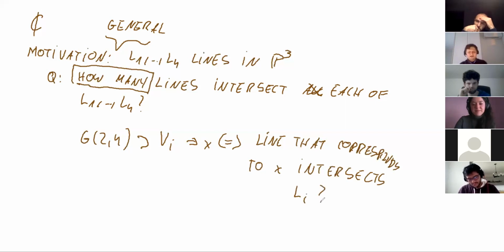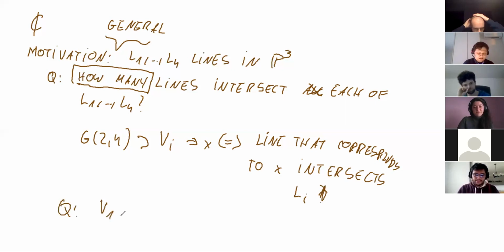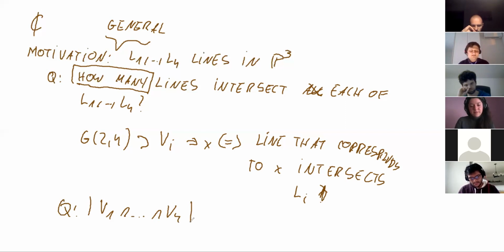Okay, the Li line. And now our question is basically reduced to understanding the intersection V1 up to V4. So if we are able to know that these are points and know how many points, the number of those points, the cardinality of this set, is the answer to the original question.